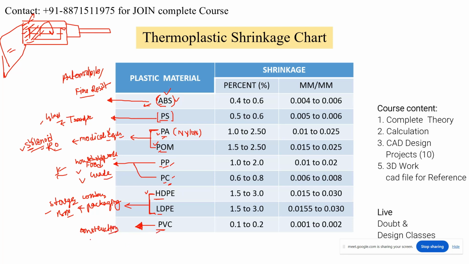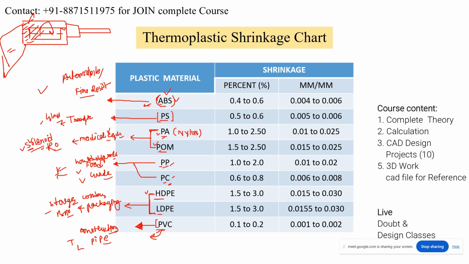Even in automobiles they also use it. Yeah, for automobile purposes we can use PVC material, right? And for construction, as I told you, for making pipes, T joints or L joints, this type of component, we have to use PVC material. So these are all applications depending upon the properties of the materials.